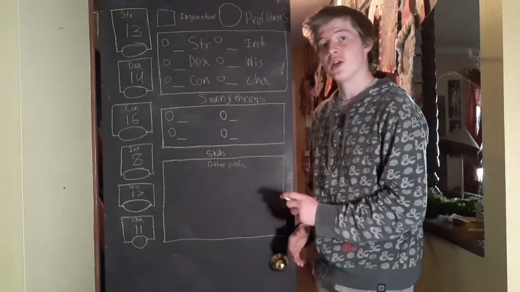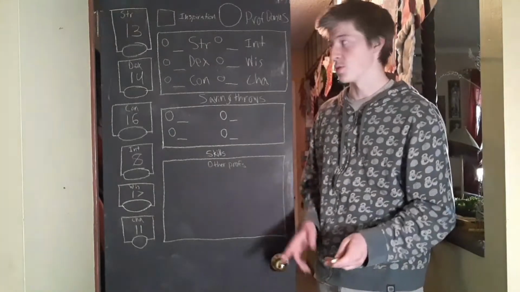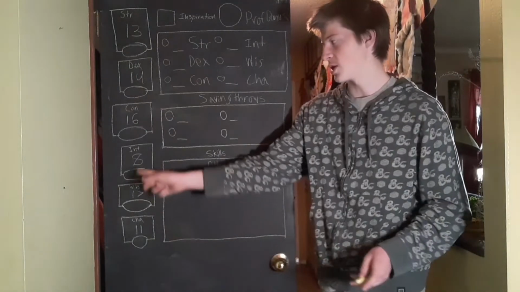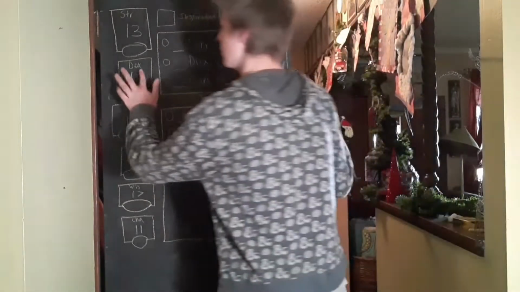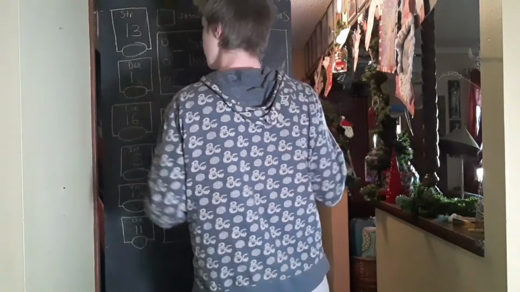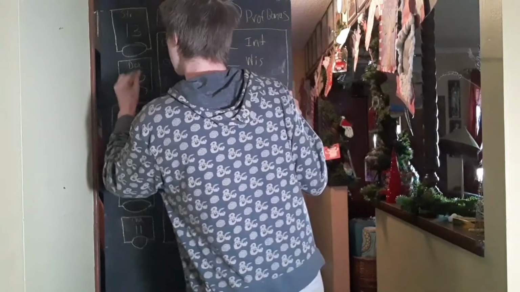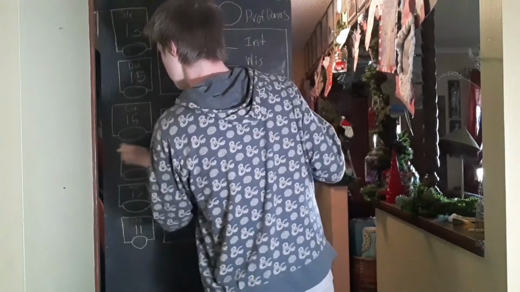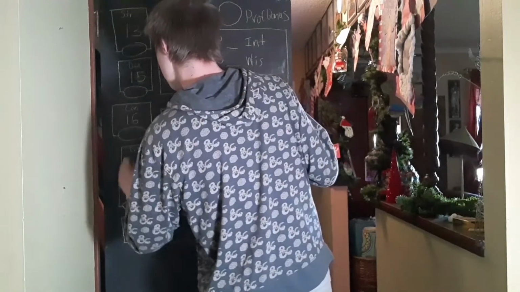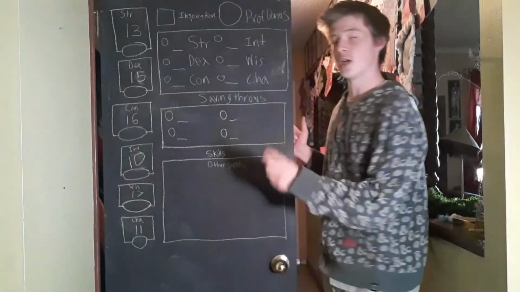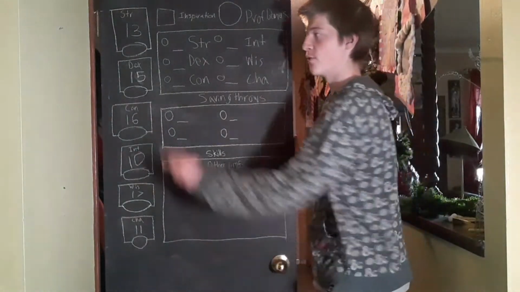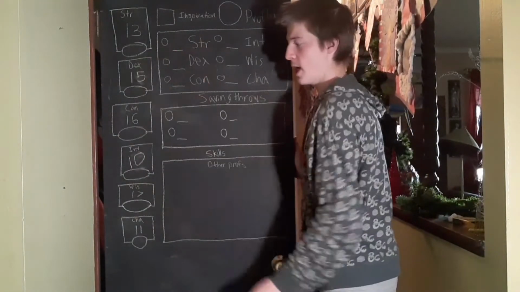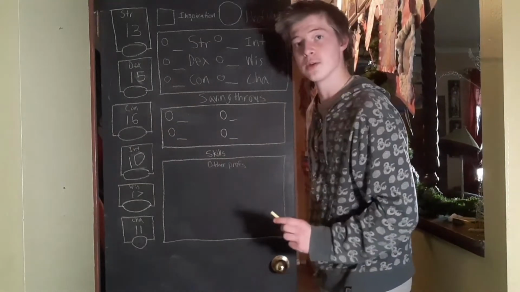But for this video, I'm just going to use the basic additives, which is a +1 to dexterity and a +1 to intelligence. So, that takes my 14 in dexterity to a 15, and my 8 in intelligence to a 10.